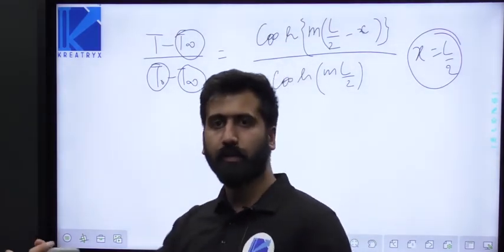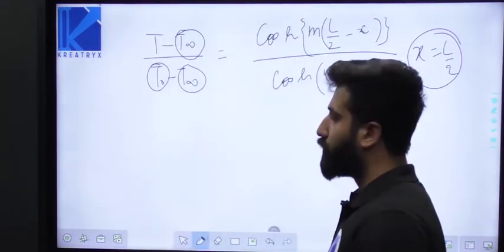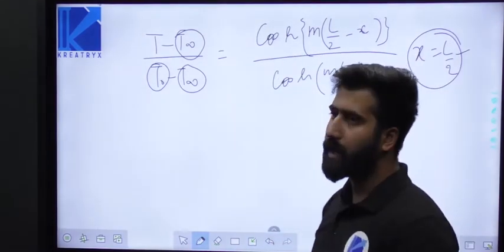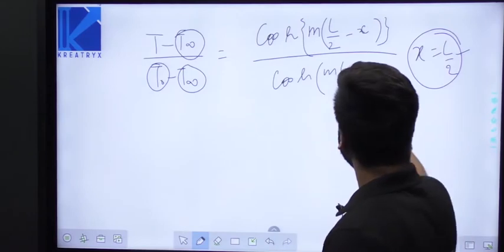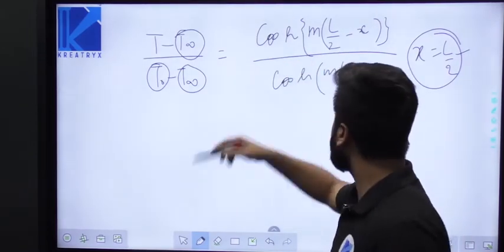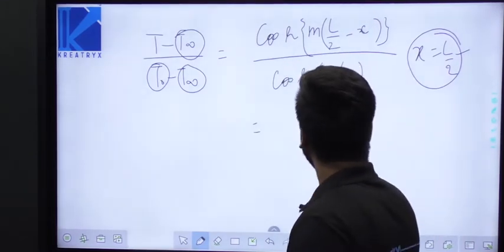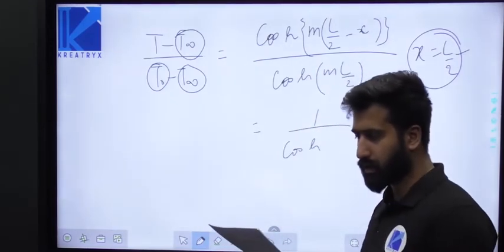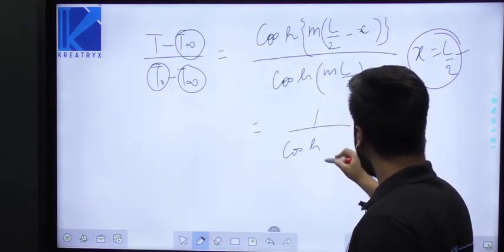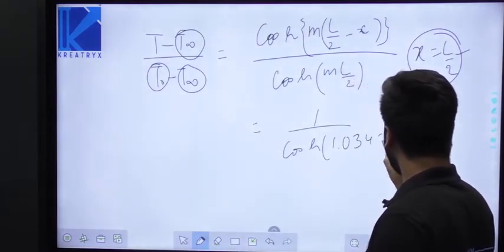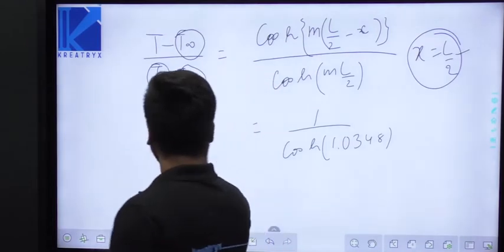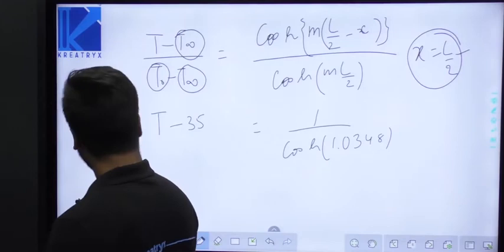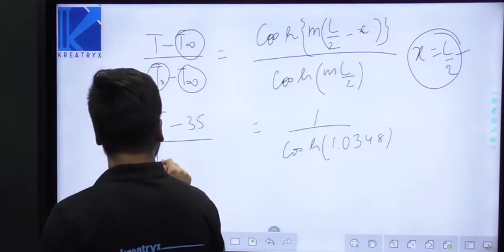If you take the case of two fins, this X equal to L by 2 is actually at the tip of one fin. So this will be 0, and cos hyperbolic 0 is 1. So this will be 1 upon cos hyperbolic of ML by 2, which was 1.0348. T infinity is 35, and T naught is 120 minus 35.